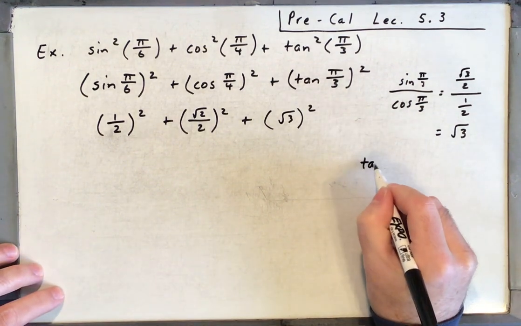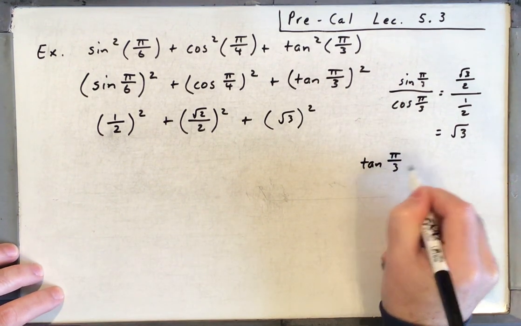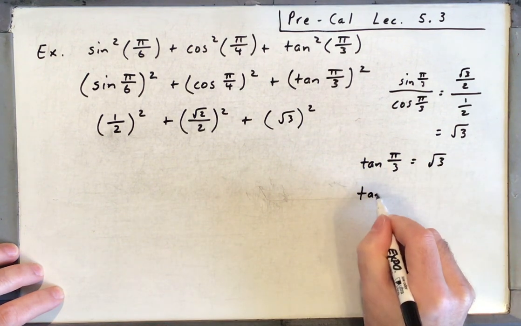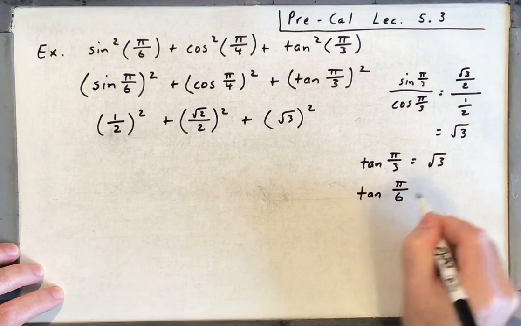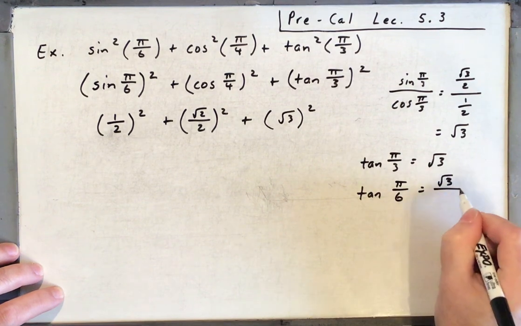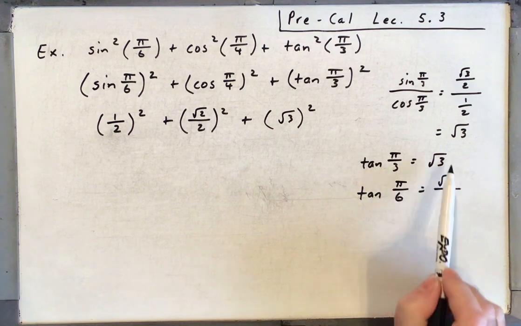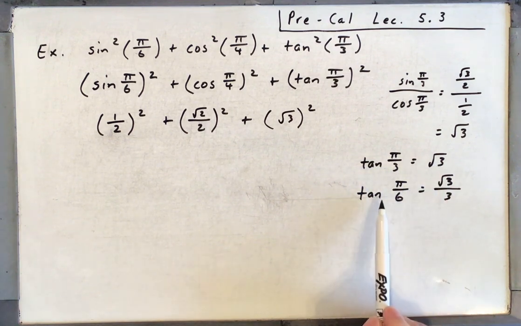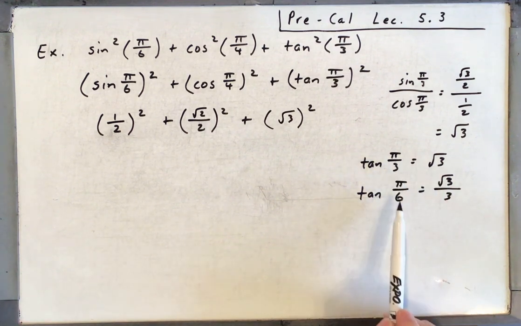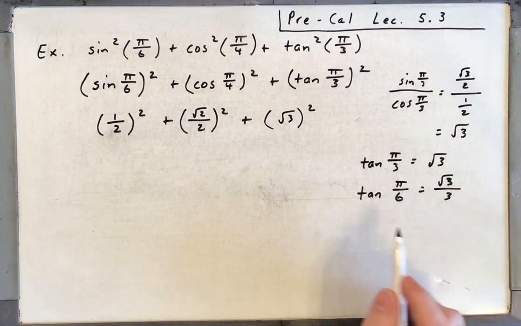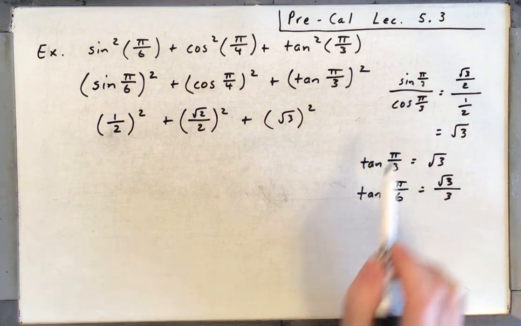Tangent of pi over 3 is root 3. The other one is tangent pi over 6. That's root 3 over 3. So the way I memorize it, if it has the 3 in the denominator, it's root 3. If it's the other one, which is, this is 60 degrees, this is 30 degrees, okay, then it's root 3 over 3. I just kind of memorize that, but you don't have to. You can always do sine over cosine.